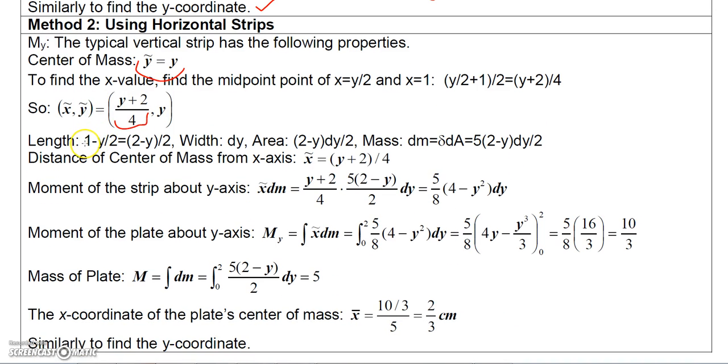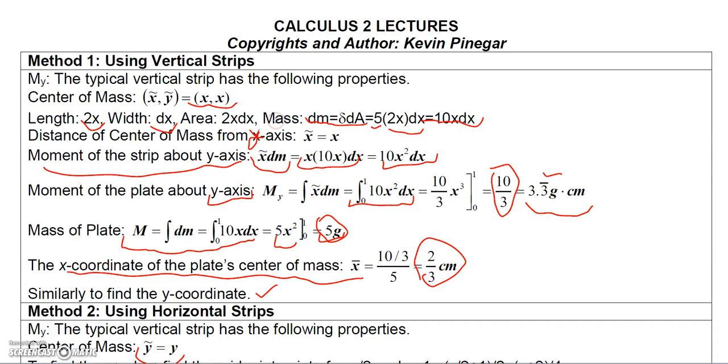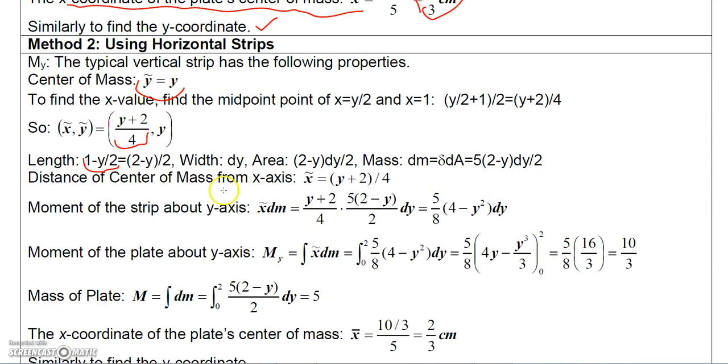And now we actually know the length of our strip. If you start here, you have 1, and then if you subtract this small distance in between the y-axis and where it hits the function, that x distance is y over 2. So the length of this strip is just 1 minus y over 2. Okay, and another way to write that is 2 minus y over 2.